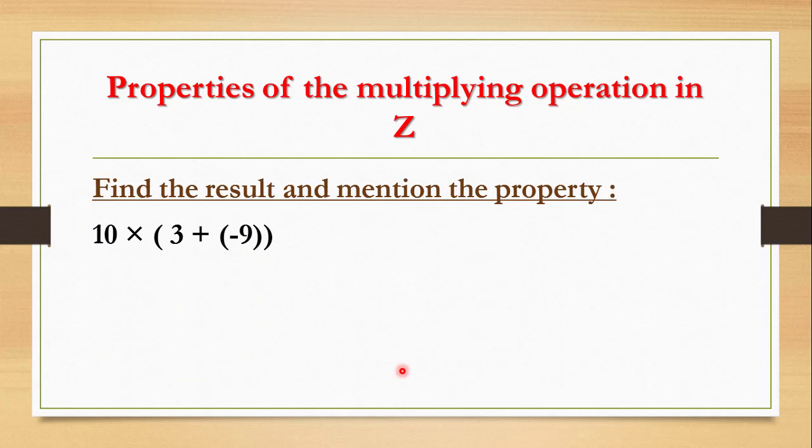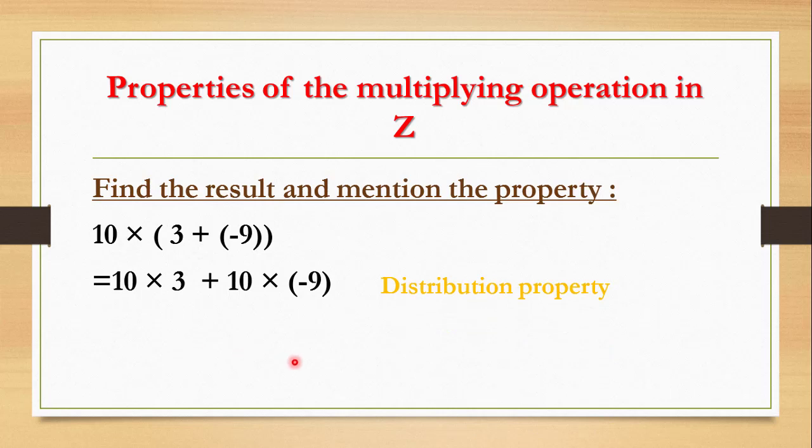Let's take an example. Find the result and mention the property. We want to solve this exercise using the distribution property. Here we have 10 times (3 plus negative 9), so 10 times 3 plus 10 times negative 9. This property is the distribution property. 10 times 3 is 30, and 10 times negative 9 is negative 90.